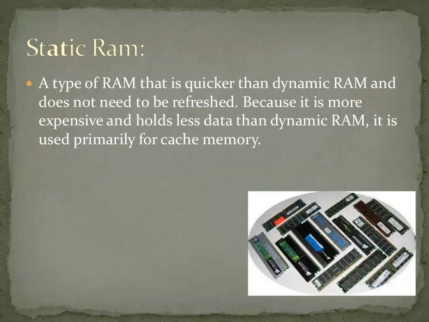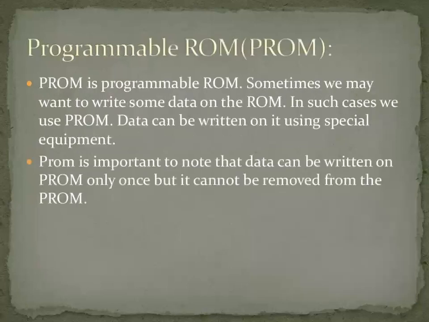Being quicker and not needing a refresh means it works so fast that we can retrieve the data very quickly. Only some amount of data is stored in it, so that we can access files easily. So this is all about static RAM.